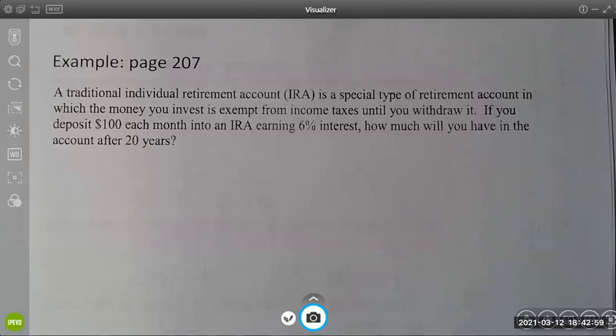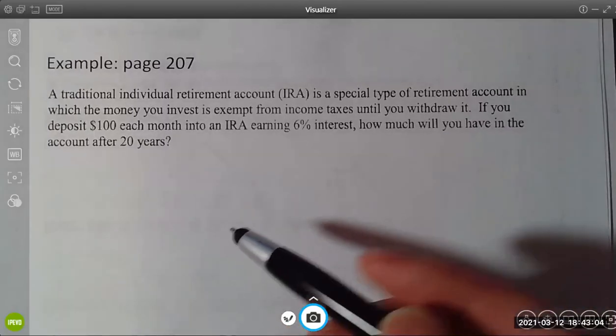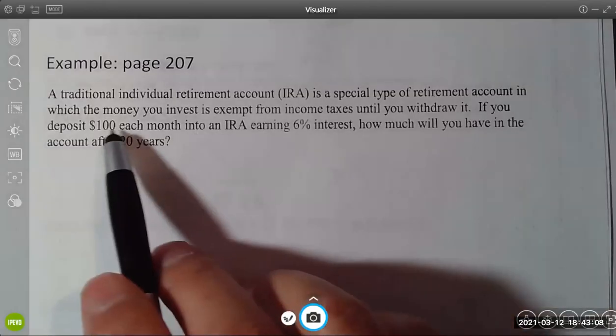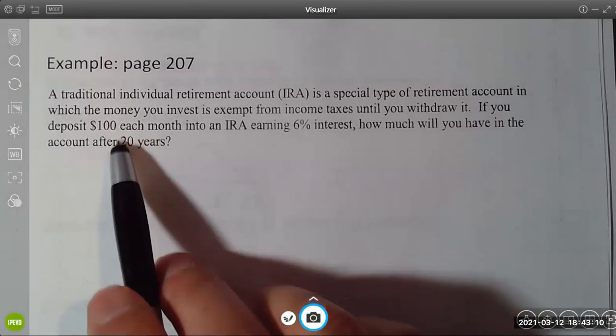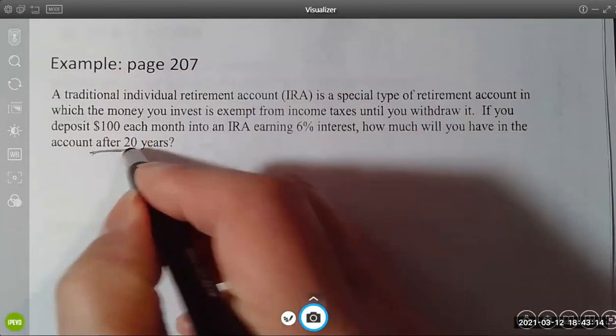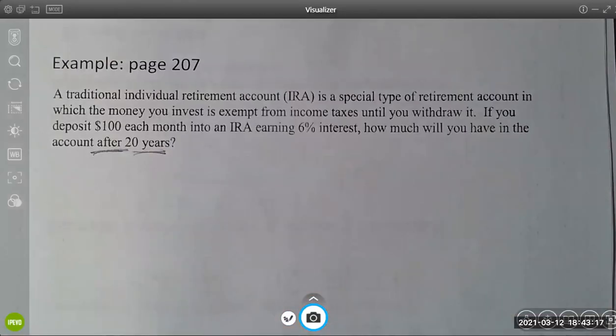So it's easy to identify, but when you read it, it can also tell you. You make a periodic deposit, $100, and they ask how much you have after 20 years. That's a future value, apparently, and it is an annuity account. You're looking for the future value, so it has to be the future value of annuity formula.